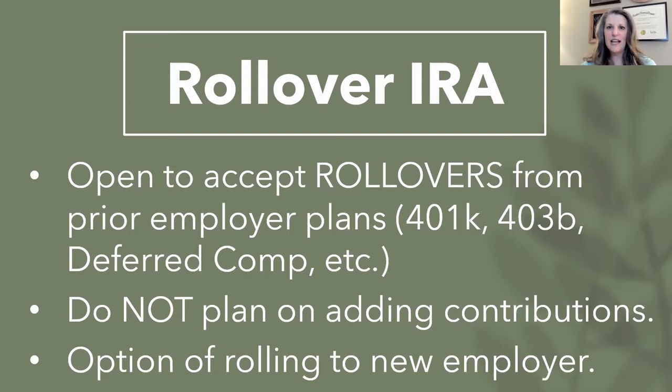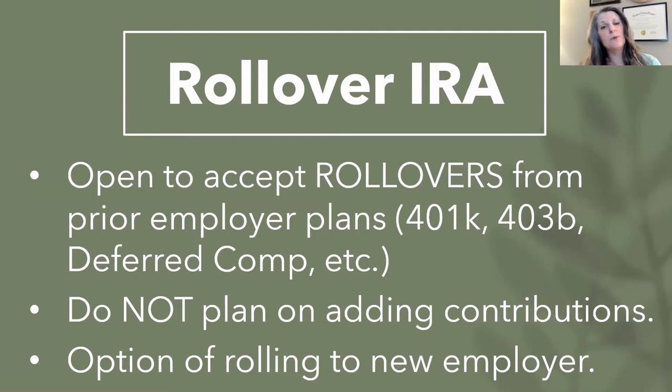It is meant to stay as a pure account that accepted a rollover from another plan and that can then stay in its pure form to roll out to a new employer, if you so desire. Not many people do that, but there are circumstances where people do want to keep that money and they can't directly take it from XYZ 401k to ABC 401k. And so in the middle, they can put it into a rollover IRA.